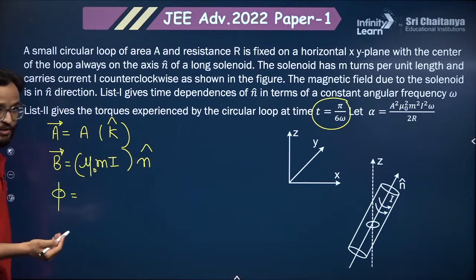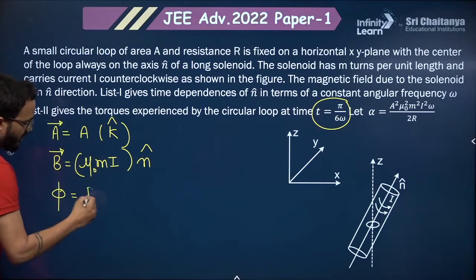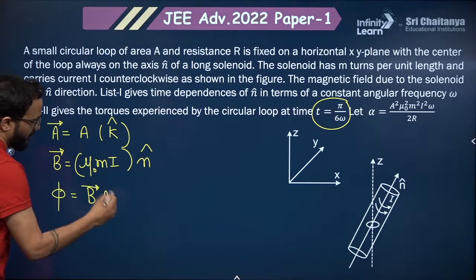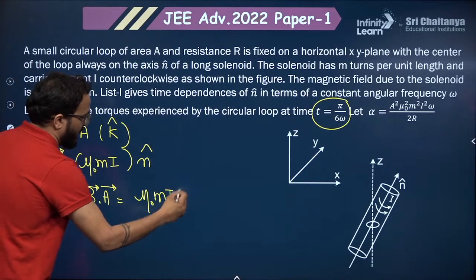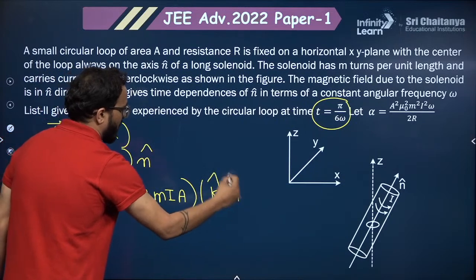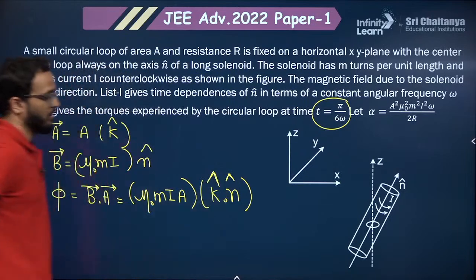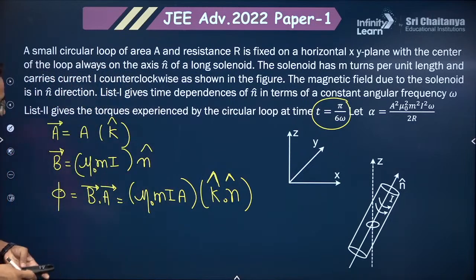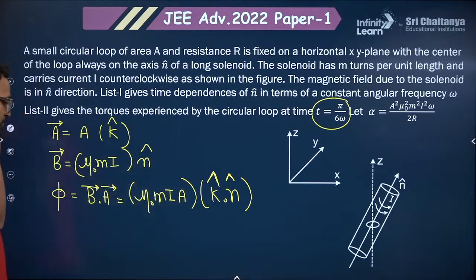Now what is the flux here? If you want to find the induced EMF or current, flux through the coil will be vector B dot vector A. So this will be mu naught m I A times k cap dot n cap. Is it cool? So it is k cap dot n cap here. This is phi.